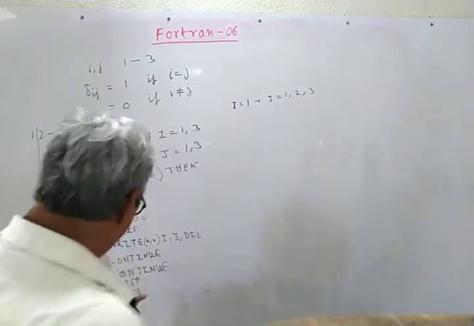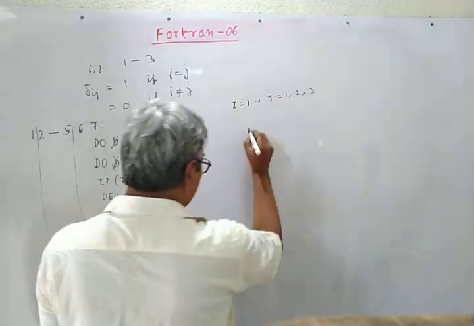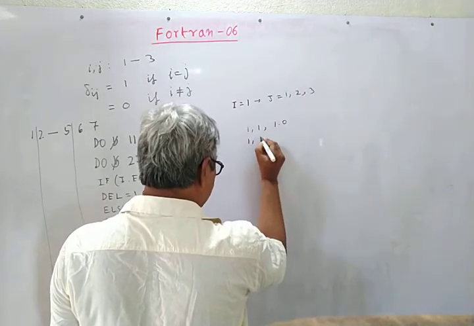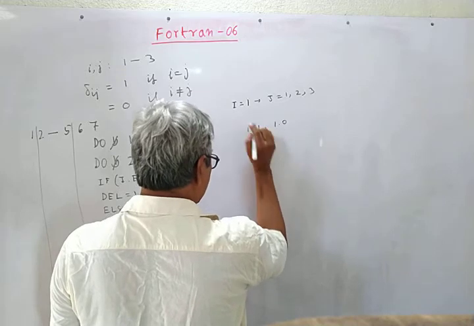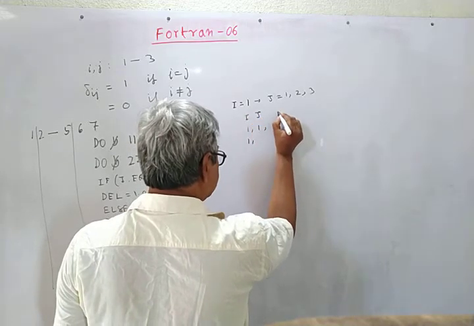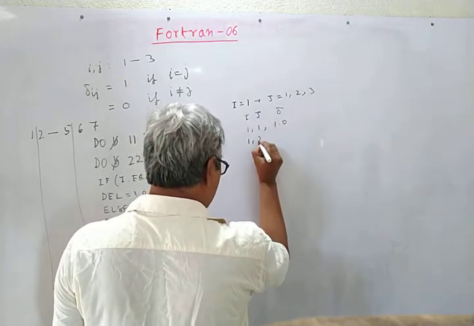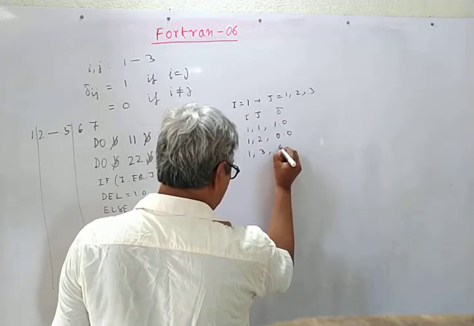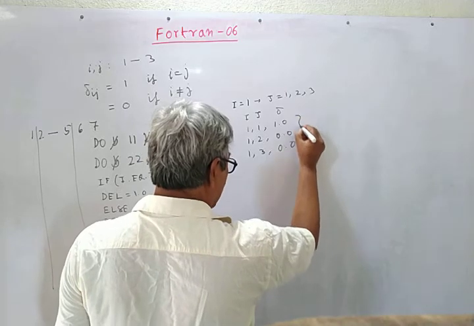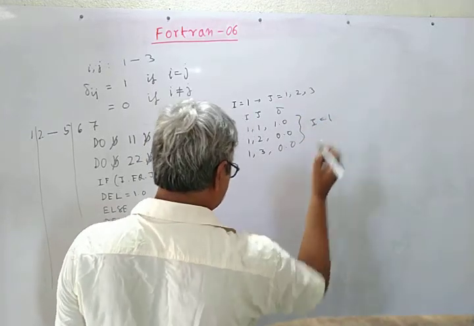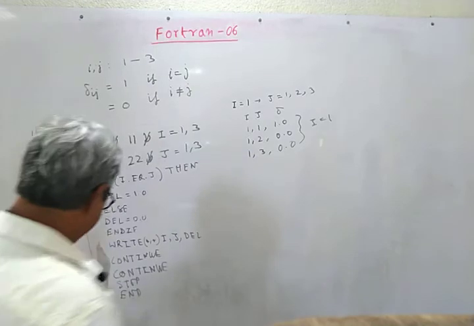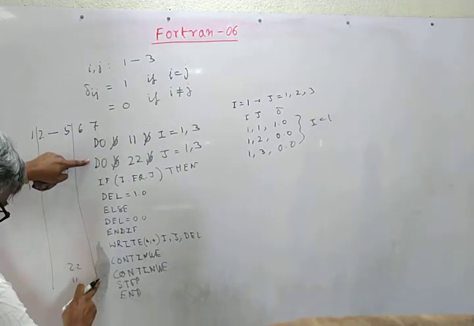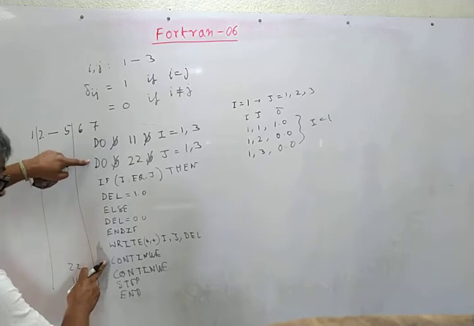So if we consider this write statement, it will be first 1, 1, 1.0, then 1, 2, 0.0, then 1, 3, 0.0. This is for i, this is j, this is for delta. This is the first, i is equal to 1. Then this loop is completed, so the second loop is completed for a given value of i, that is the first value of i is equal to 1.